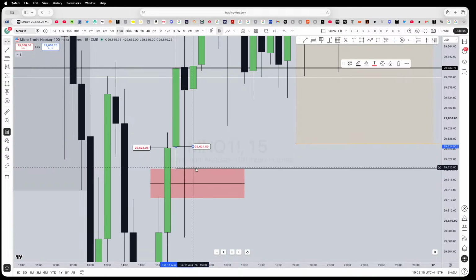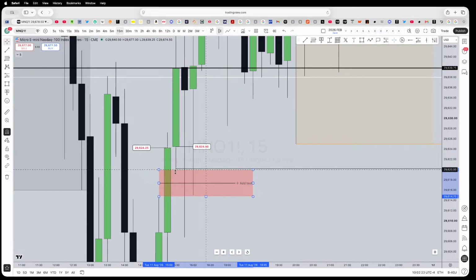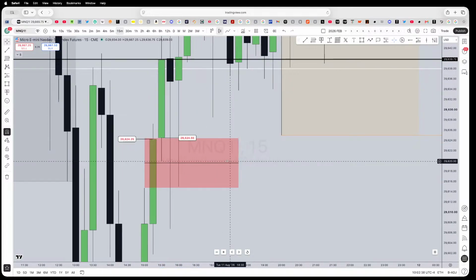It's important because instead of using this and this as your inefficiency, you're really supposed to use that as your inefficiency because you have to include that volume imbalance.